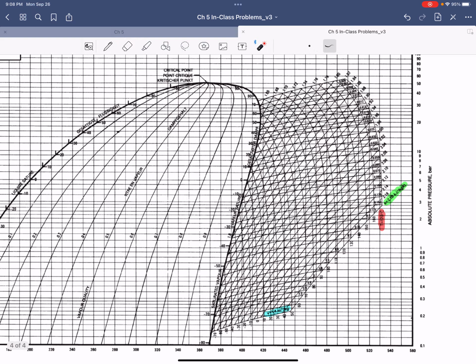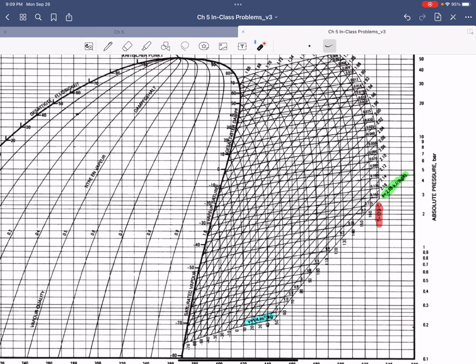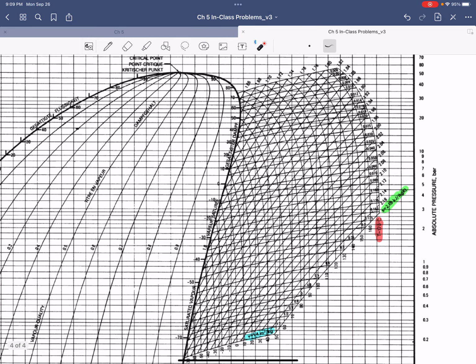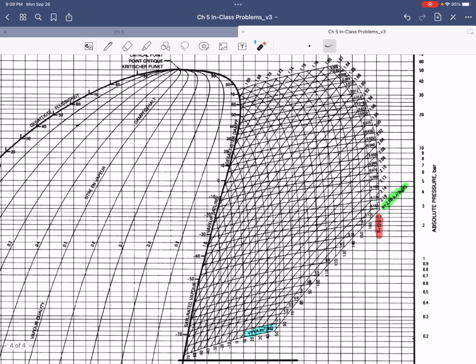Then, for each of the different lines, so we're going to start over here, you have lines going in different directions, okay? And the angle, or the direction that the line is going, indicates a different property. And so, for lines that go up and down initially and then curve off to the left, like these, or if we go here, this one, these refer to temperature, okay?